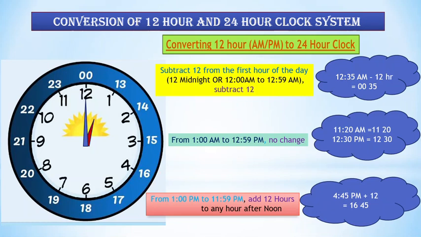If we want to change any time, then we have to add 12 hours. Let's see the example. 4:45 p.m. and this is the time after 12 noon. So if the time is after 12 noon, we just add 12 to get the time in 24-hour clock notation.